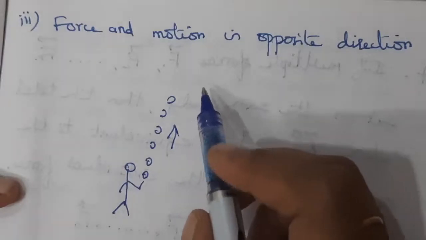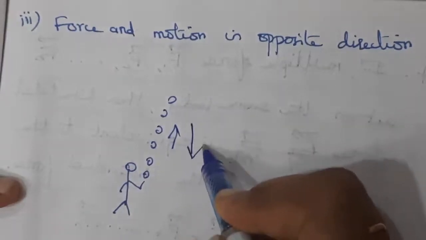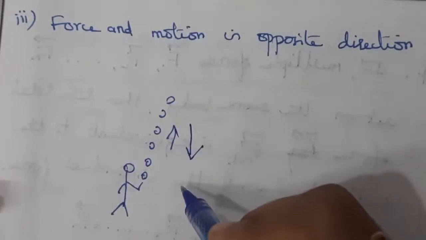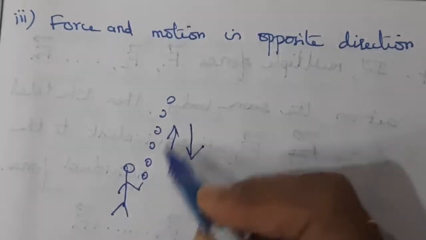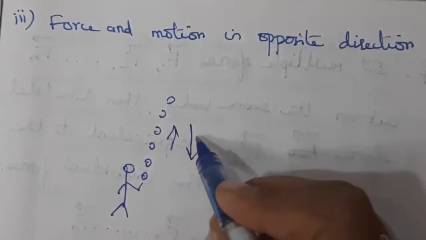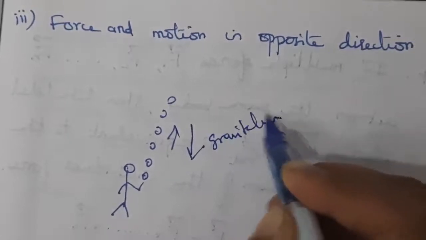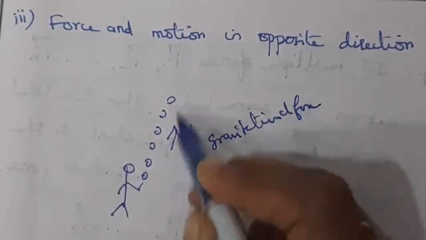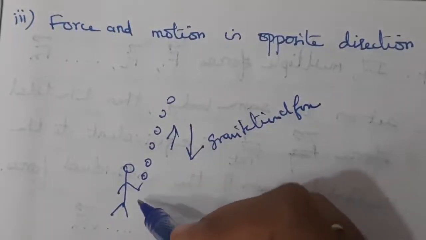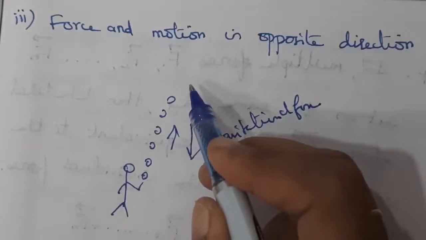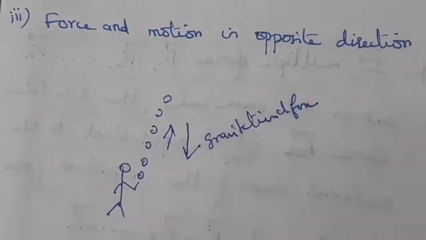But the gravitational force is acting downward. Here, the force and the motion are in opposite directions. This is the gravitational force, and this is the motion of the object. The direction of motion is upward, but the gravitational force is acting downward.